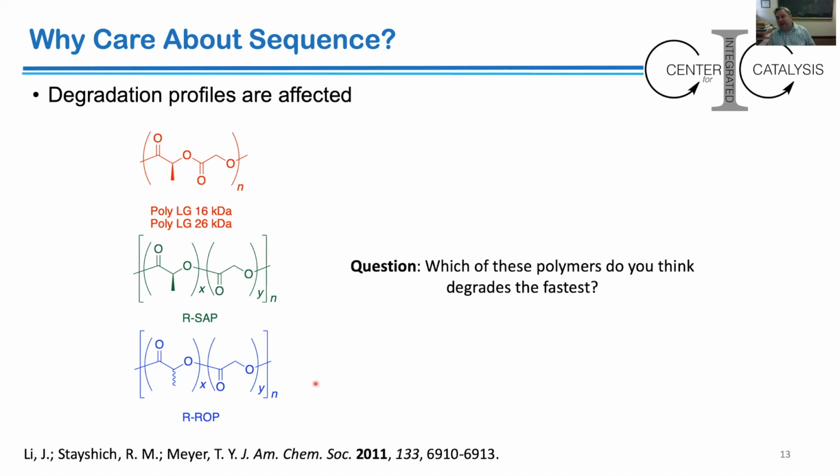So this is my final poll today, so I won't quiz you too much more. But I'm curious, which of these do you guys think degrades the fastest? The low molecular weight alternating copolymer, which is the 16 kilodalton material, the higher molecular weight alternating copolymer, 26 kilodaltons, or one of the two random copolymers.